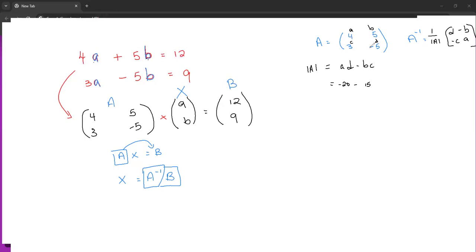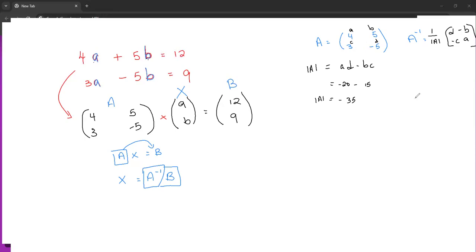So in this case, we have minus 20 minus 15. Once you have two same signs, you add and keep the sign. So it becomes minus 35. So my determinant is going to be negative 35.